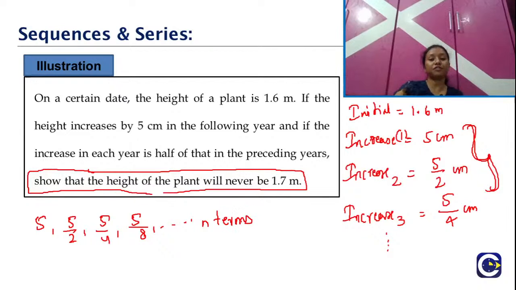So now how can we figure out whether the height will reach 1.7 or not? Let us assume that the height of the plant has reached 1.7 meters. Then what is the increase in the height?